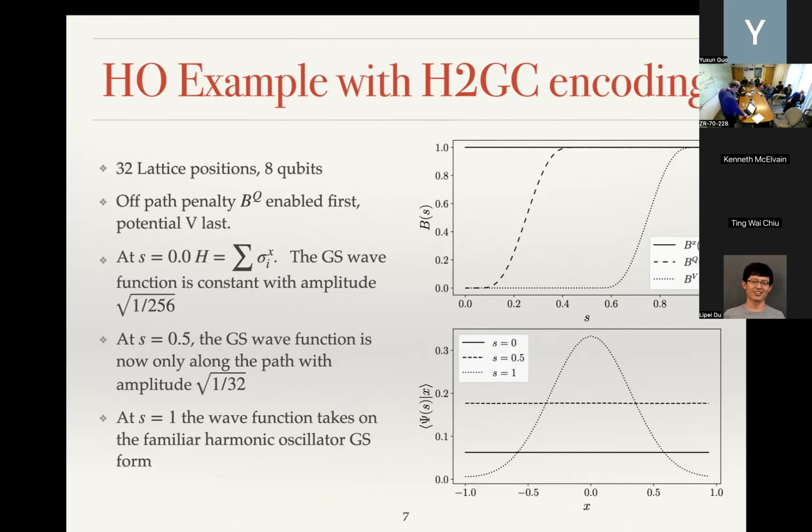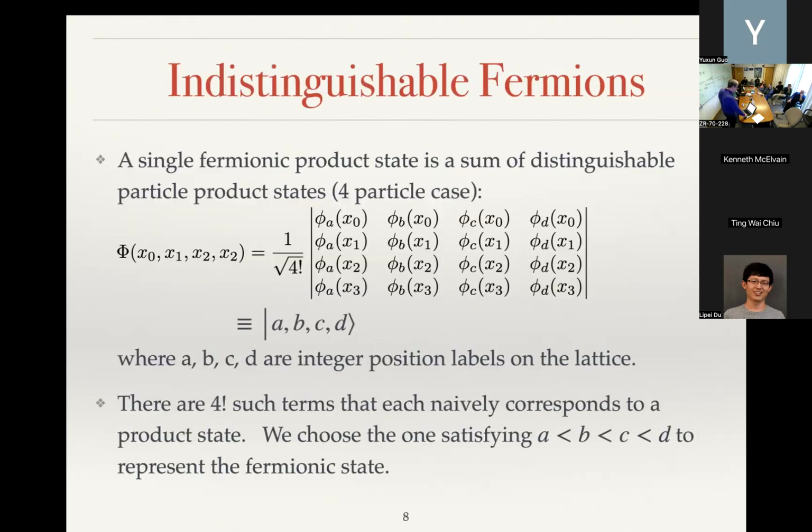Okay. Yeah. So that worked. So now we have to deal with indistinguishable fermions, and here we need the usual Slater determinant to represent a state. If I write down this state, there are actually 4 factorial terms that correspond to an anti-symmetric state.